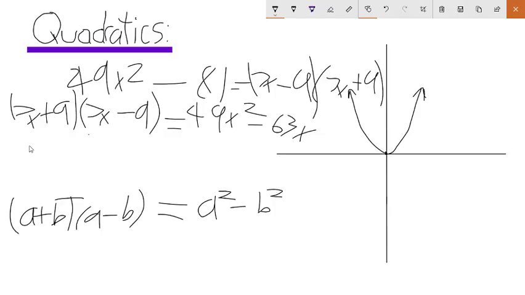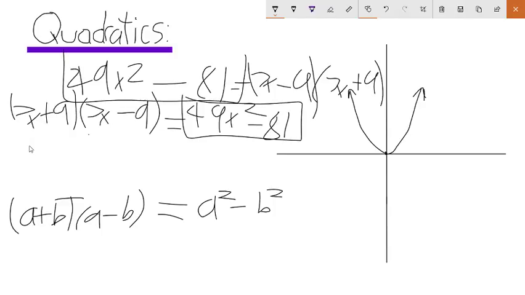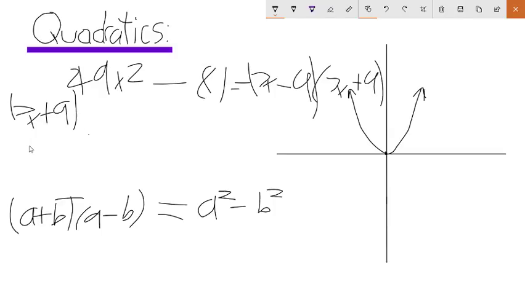And then we're going to have 9 times 7x, so that's plus 63x. And then 9 times negative 9, which is a negative 81. So we have 49x squared minus 81. And this right here is indeed the same as this right here. So we know that our pattern of a plus b times a minus b checks out all the time.